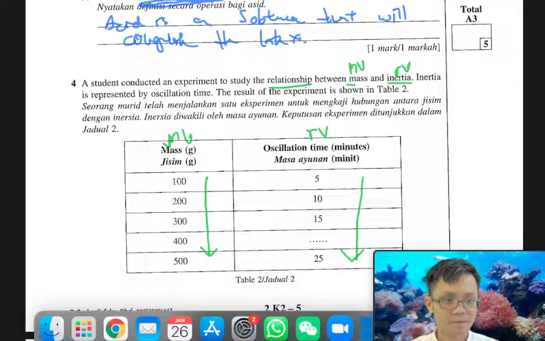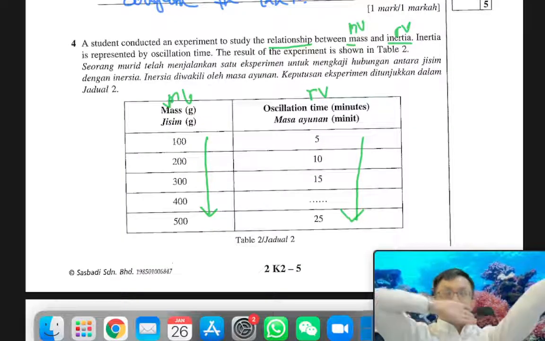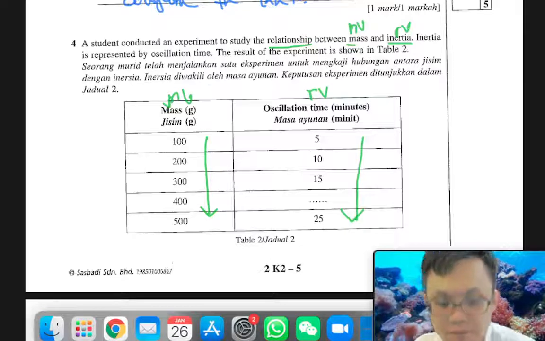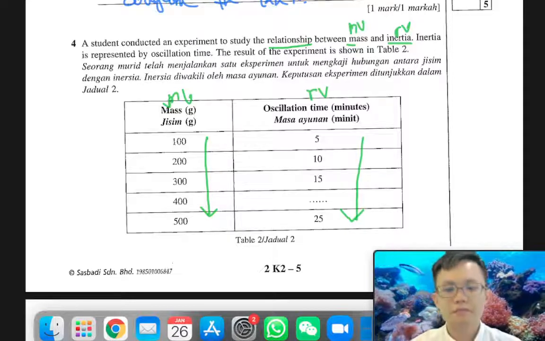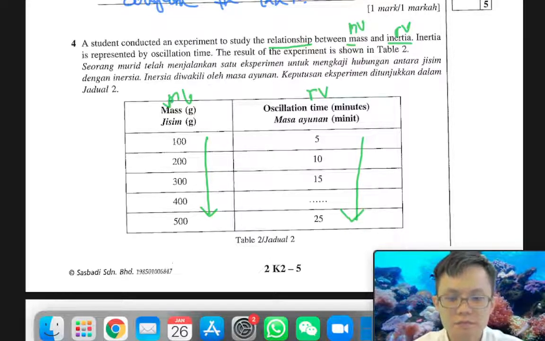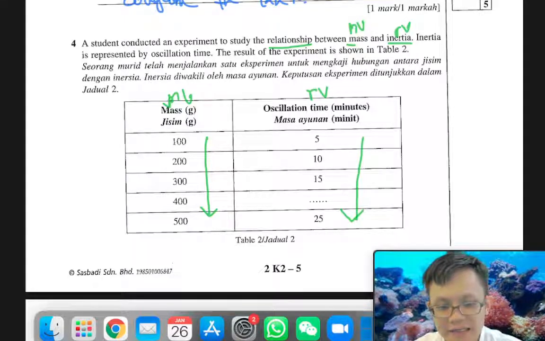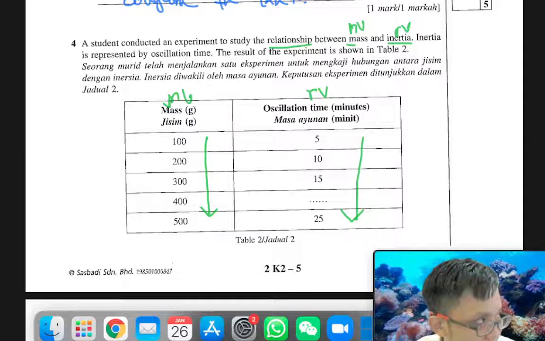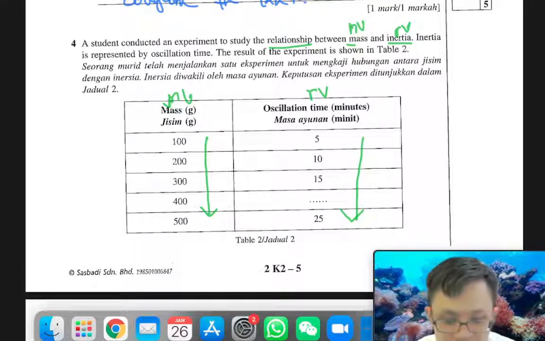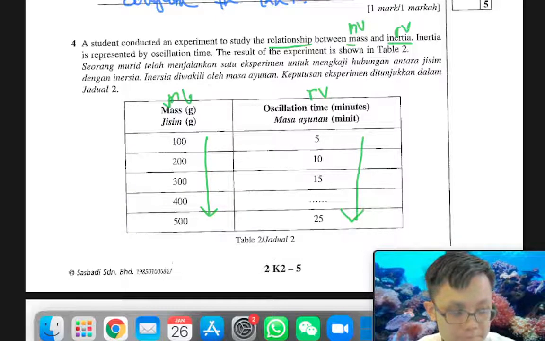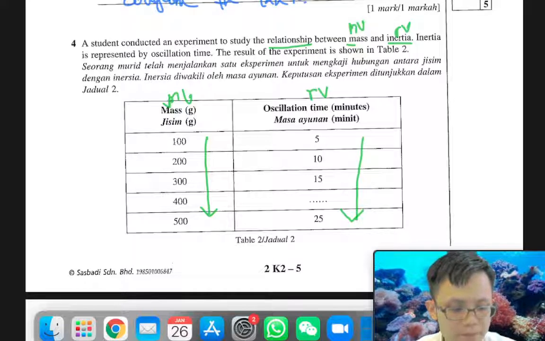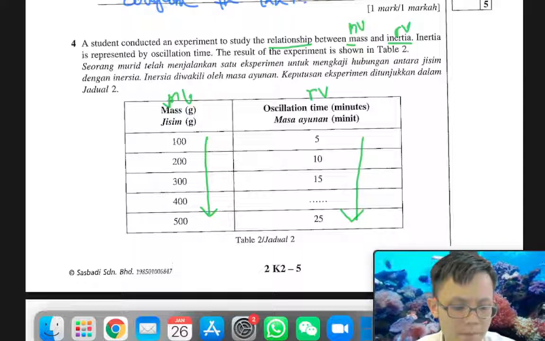Inertia is a property of matter by which it continues in its existing state of rest or uniform motion in a straight line.